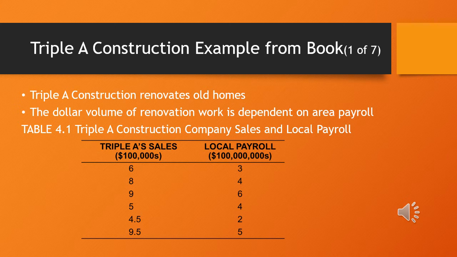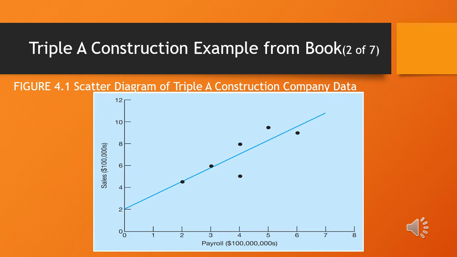This graph from the book indicates that higher values for the local payroll seem to result in higher sales for the company. But make sure to understand that there's not a perfect relationship, because not all the points lie on the straight line.